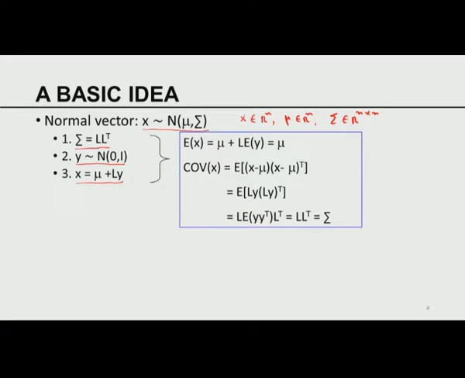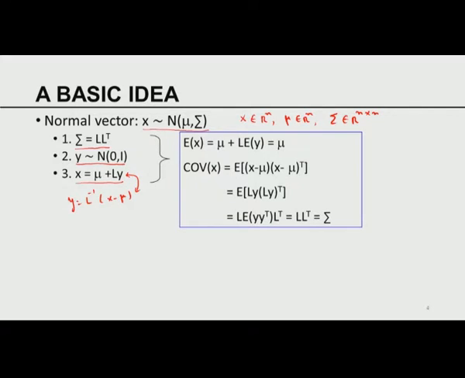So what does it say? y is equal to L inverse times x minus mu, or x is equal to mu plus L y. So this transformation relates a unit normal random vector to a general normal vector with mean mu and covariance sigma, and the verification of the third statement is given in the box on the right hand side. You can easily verify that.